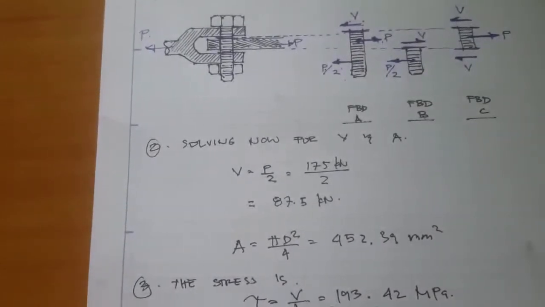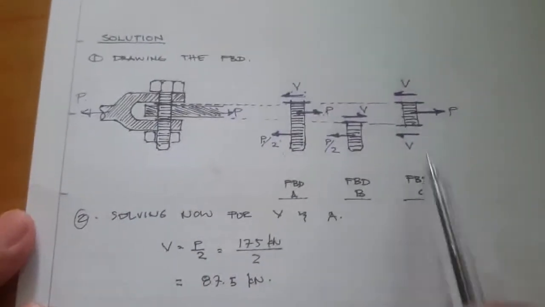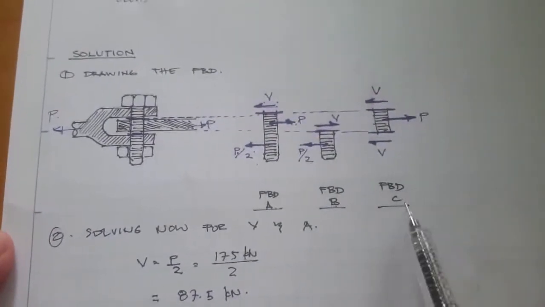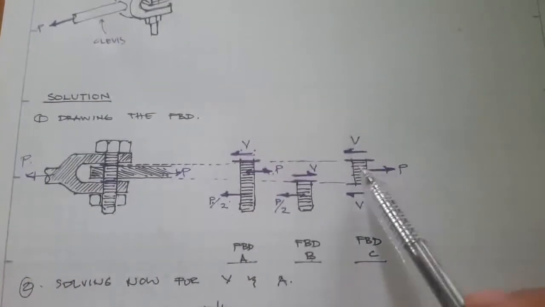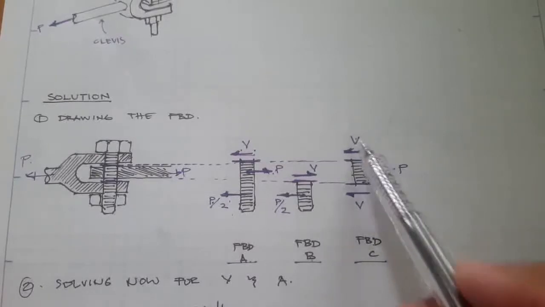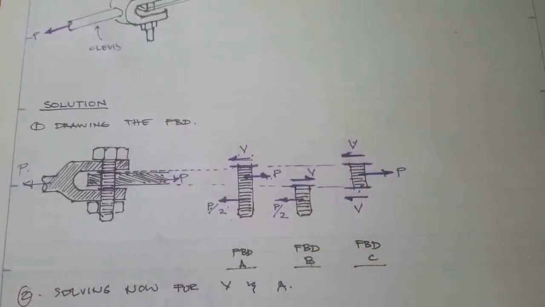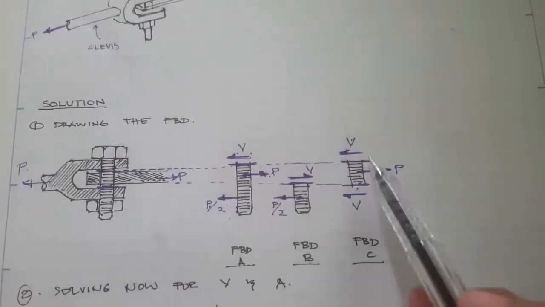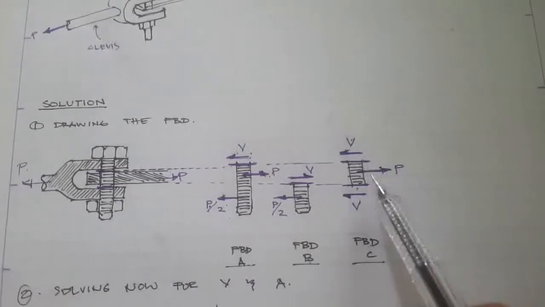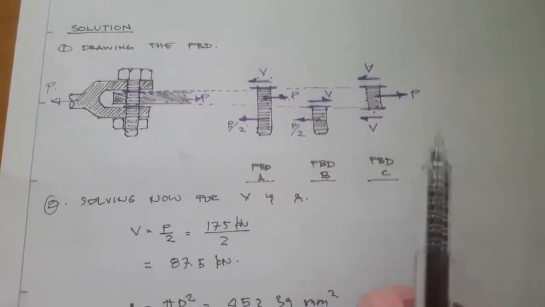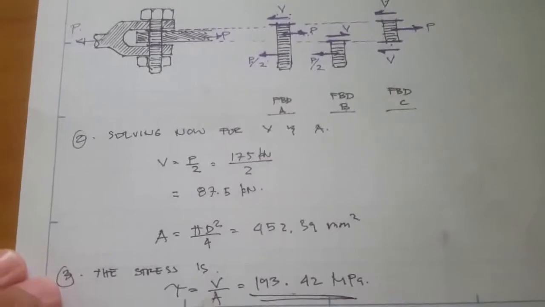If we use free body diagram C, then this will be V, but we will also have 2 times the area. It will turn out that it produces the same value of shear stress.